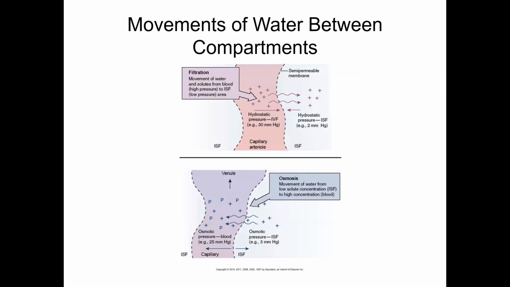At the venous end of the capillary, the hydrostatic pressure is decreased and the osmotic pressure is higher. Therefore, the fluid is going to be pulled back into the capillary. It's easy to remember this if you think of the movement of oxygen out of the arterial blood towards the cells, and the flow of waste and carbon dioxide from the cells back into the venous blood.